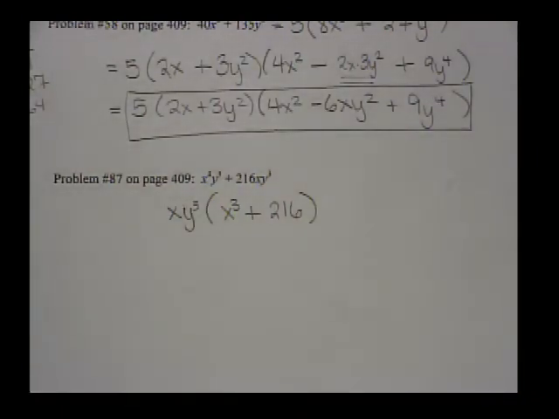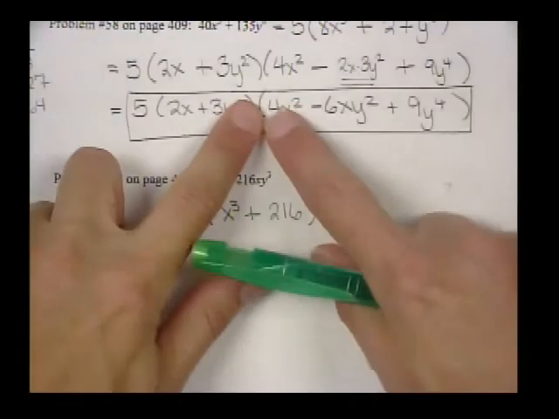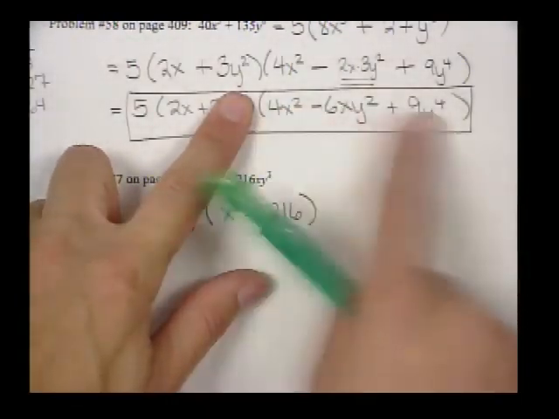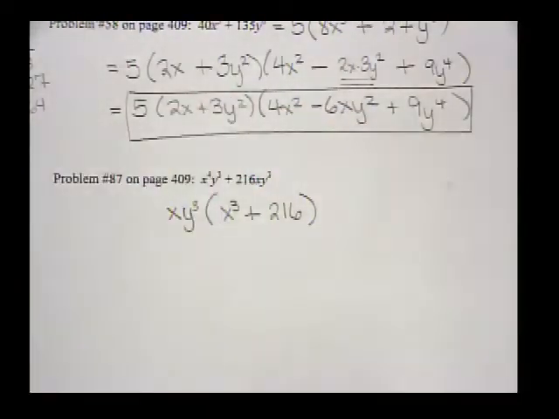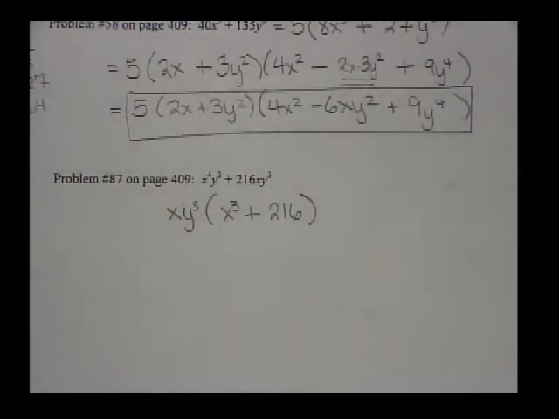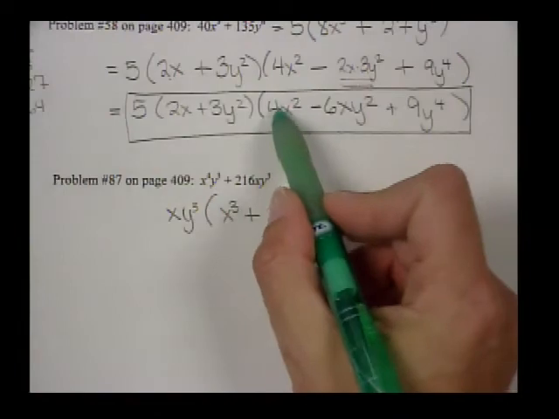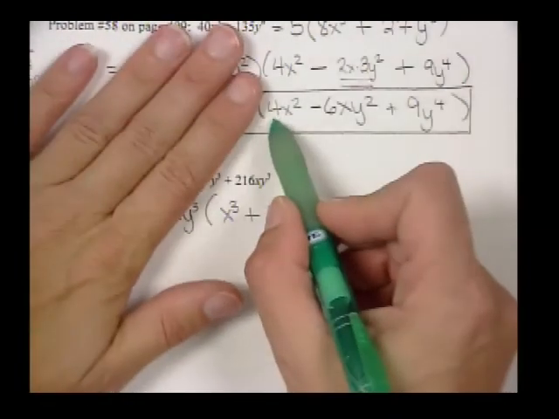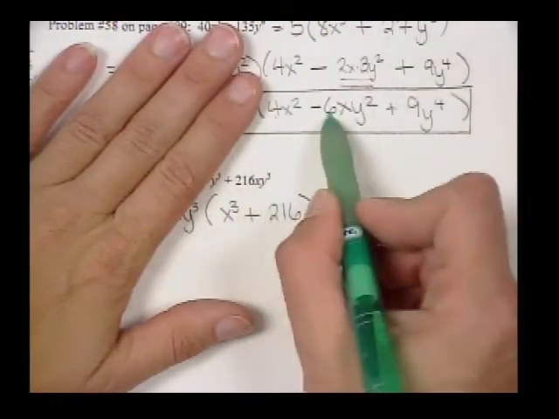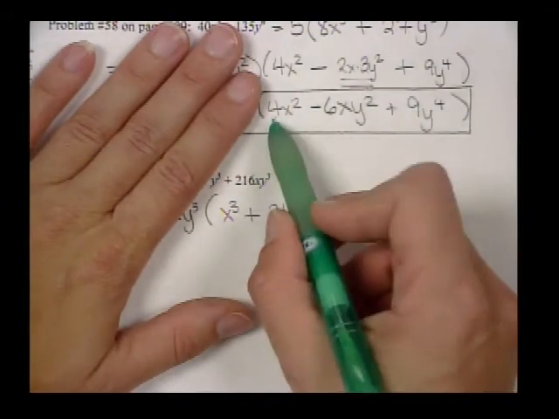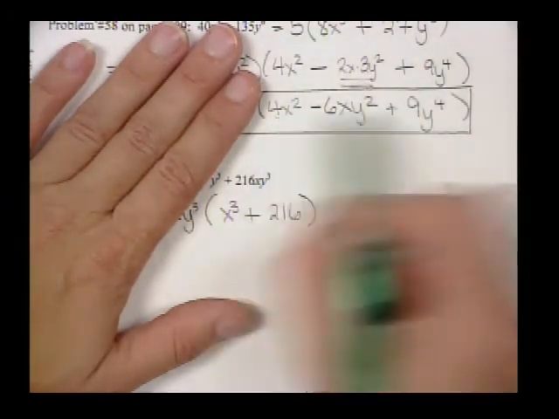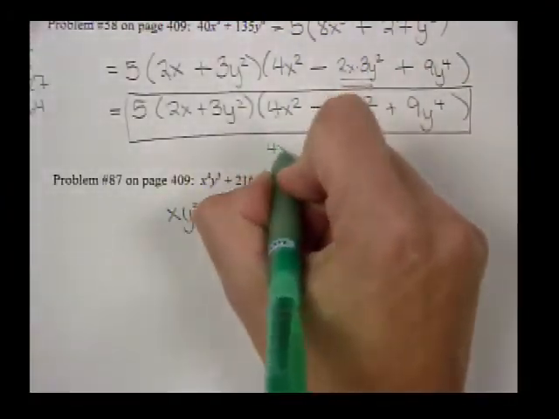Oh, I'm sorry. I wanted to go back and talk about that, or to show you that there's no way we could factor this second set of parentheses. And I'm going to think about using that AC method. So remember, if you think of this as the A, the B, and the C, so our numbers are 4, 6, and 9. A times C is 36.